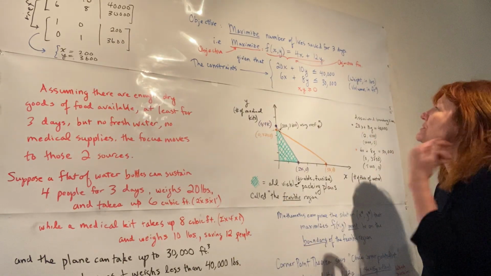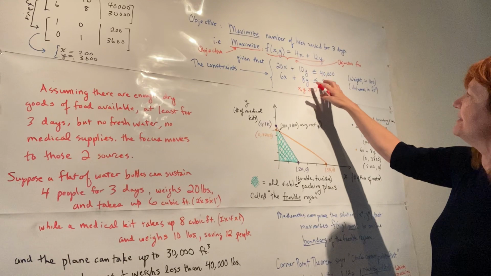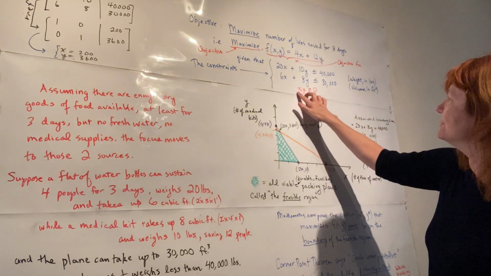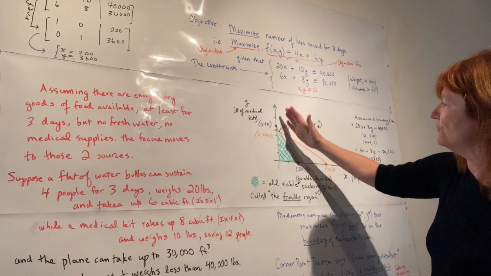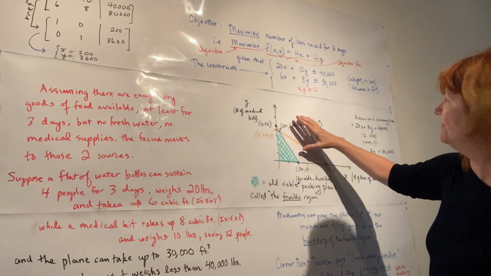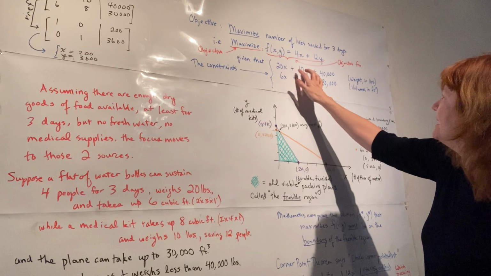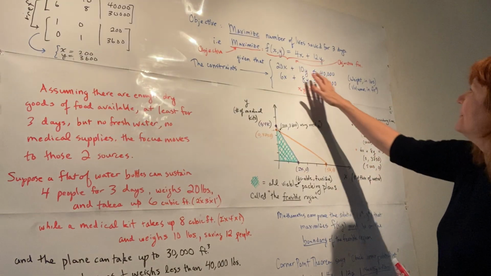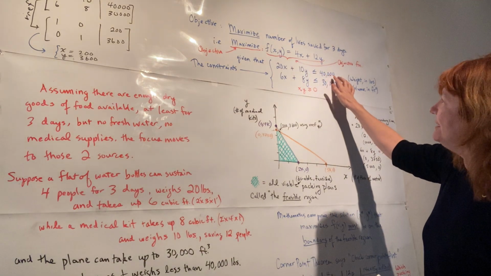Okay, so if you graph these three inequalities, you get x and y both being greater than or equal to 0 force you to look in the first quadrant, first of all. 20x plus 10y is less than or equal to 40,000. That is an inequality, linear inequality.